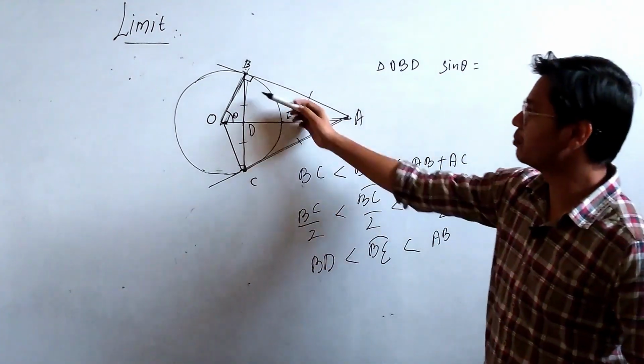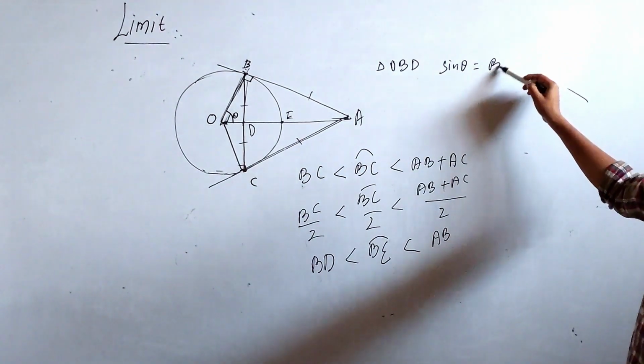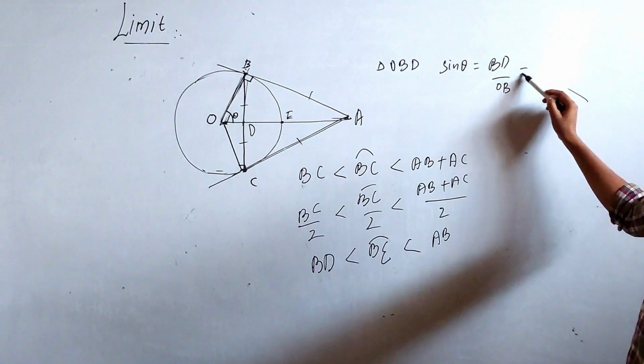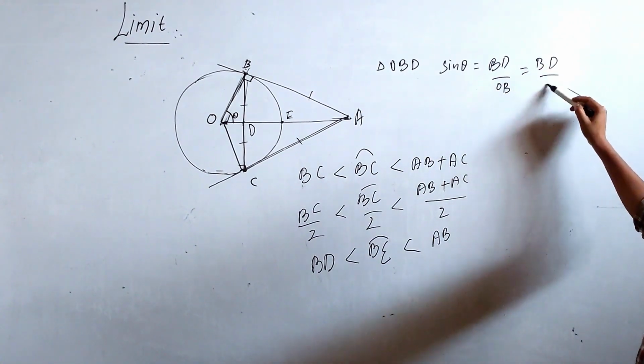Sin theta is equal to perpendicular upon hypotenuse, that is BD upon OB. OB is the radius, so that can also be written as BD upon R.